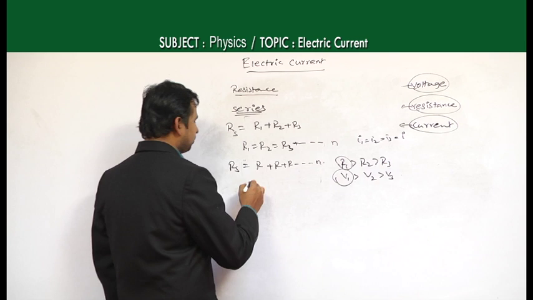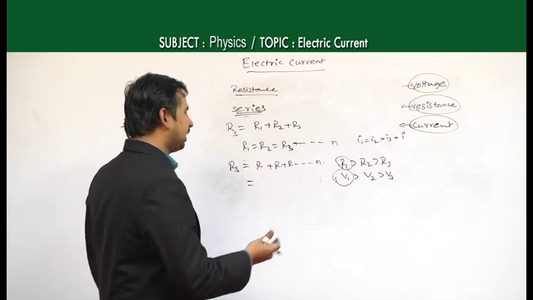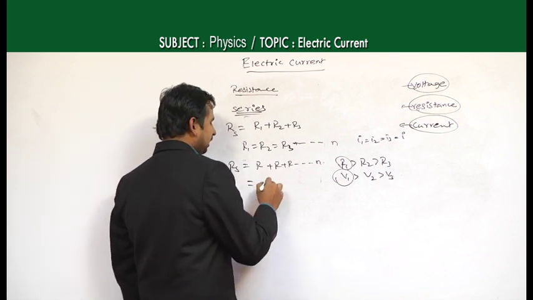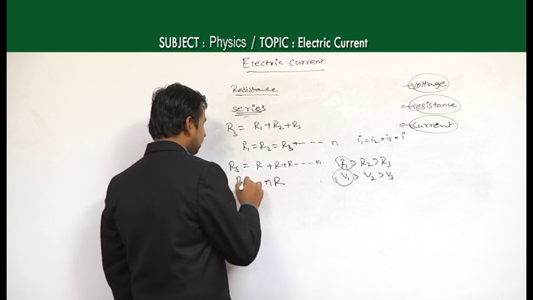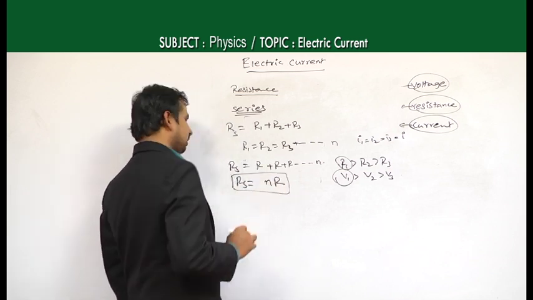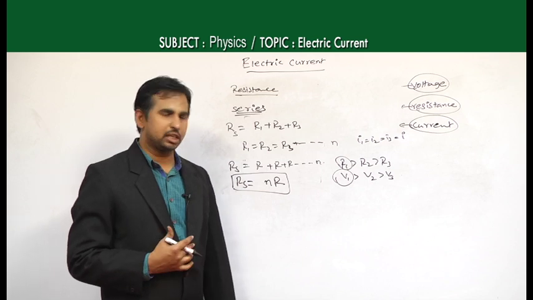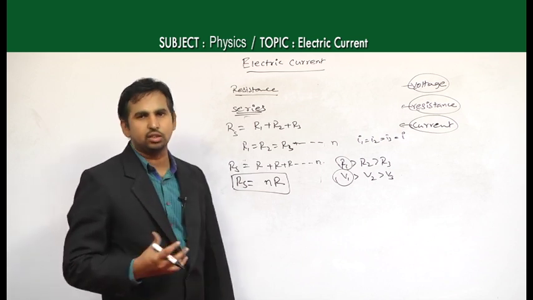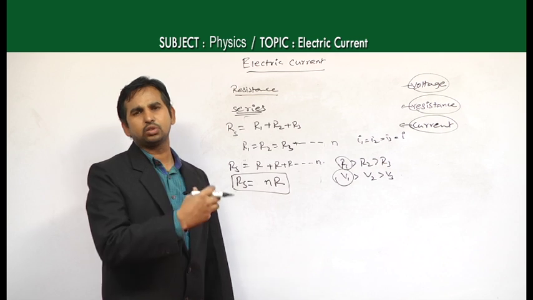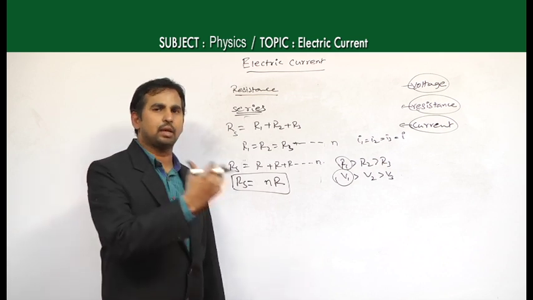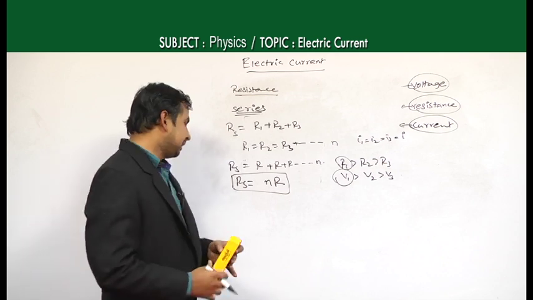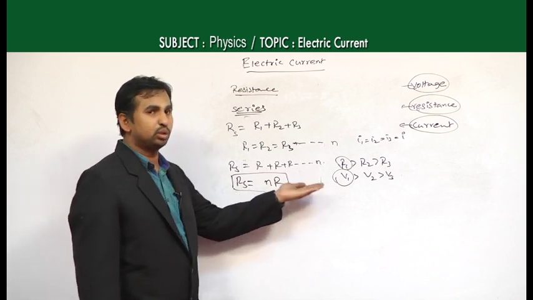As you are taking n number of resistors, the equivalent resistance becomes, each resistance having R, adding that n number of times, the final resistance becomes n into R.